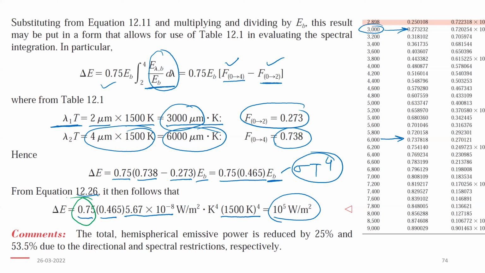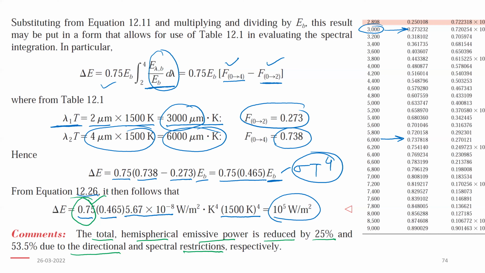It says that the total hemispherical emissive power is reduced by 25% due to directional restriction, because we are talking about a particular direction, that is theta varying between 0 to 60. So this 0.75 came from that. Otherwise, if we had considered theta to vary between 0 to 90, this value would have been 1, so it has been reduced by 25%.